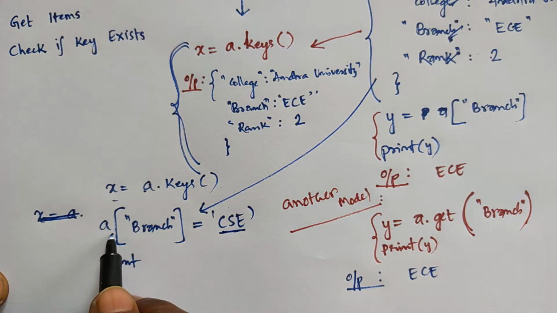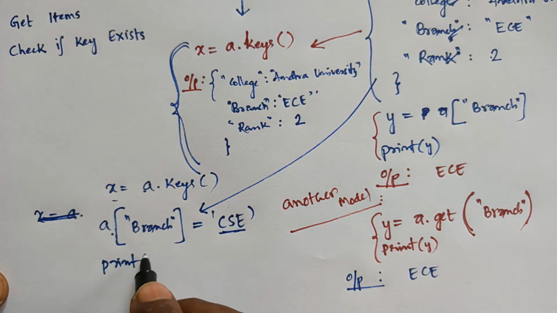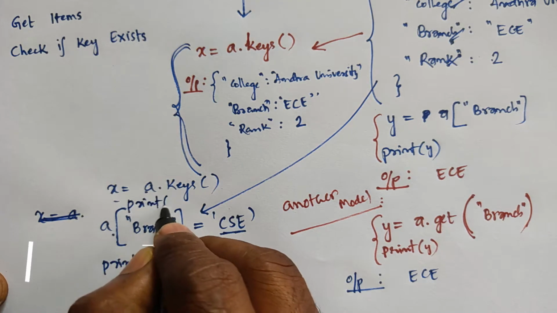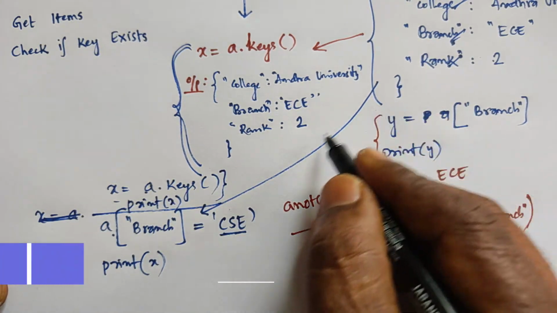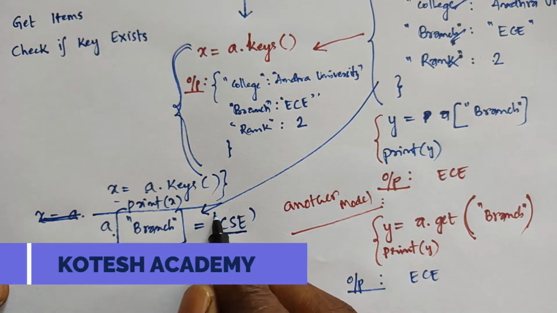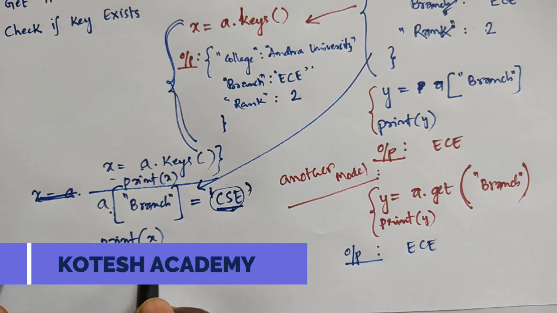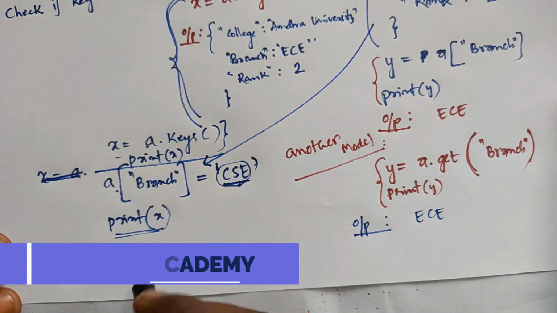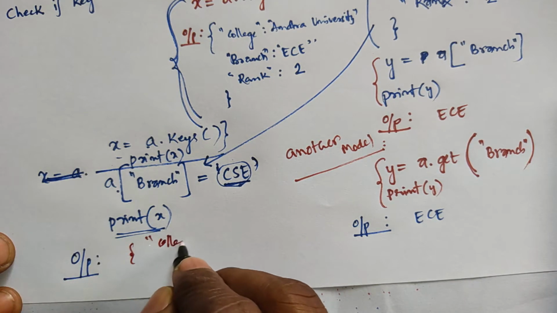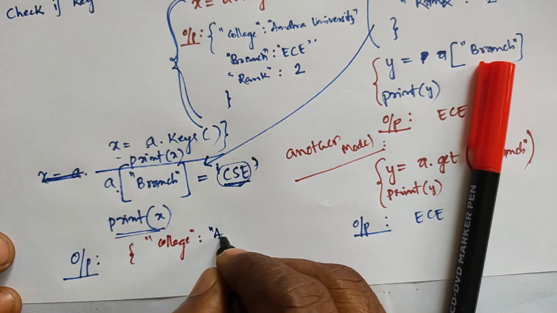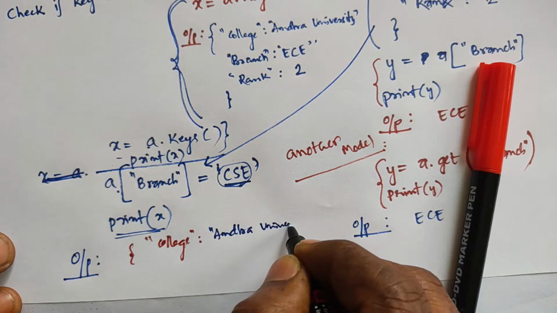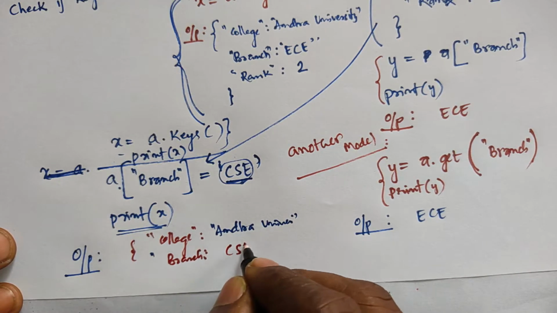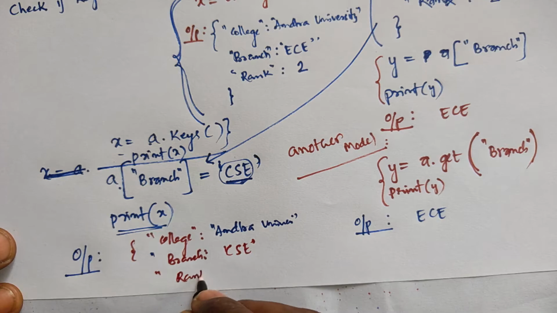After inserting the new branch and executing print of x, you will get the output step by step: college, Andhra University; branch, CSE; rank, 2.